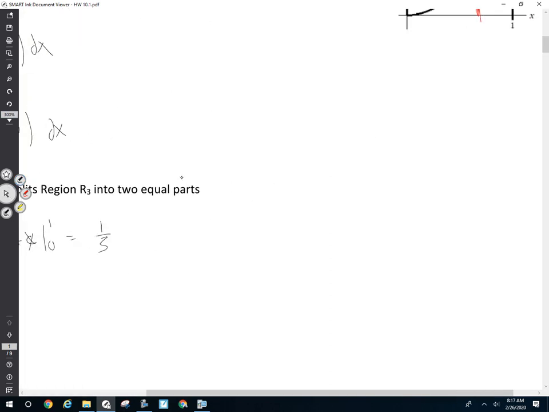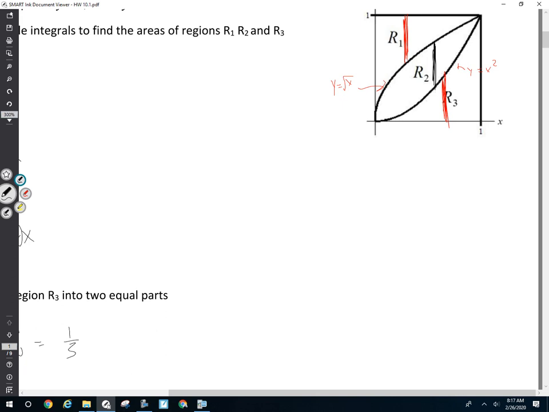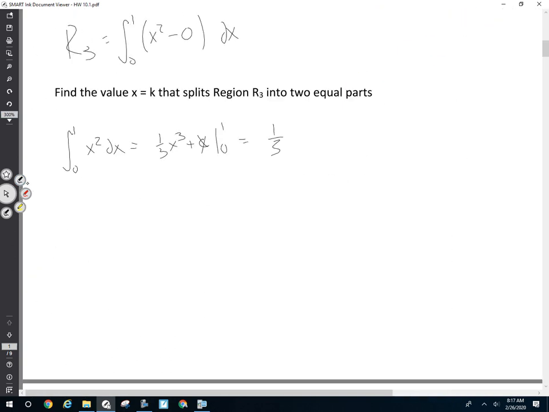Well, the area from 0 to the line, let's just call this line x equals k, has to be 1/2 the total area. So I'm going to say the area from 0 to k of x squared must equal 1/2 my total area, which I found was 1/3.